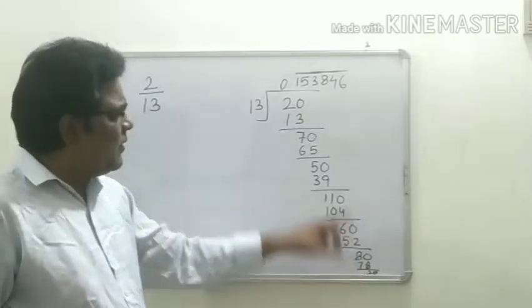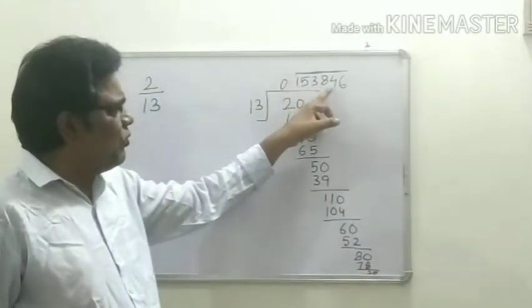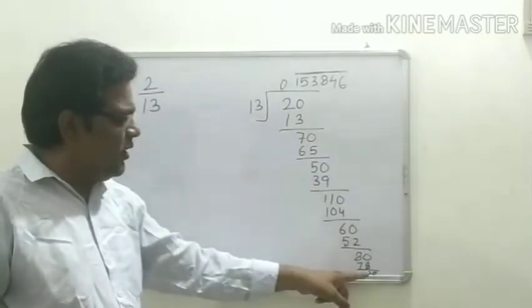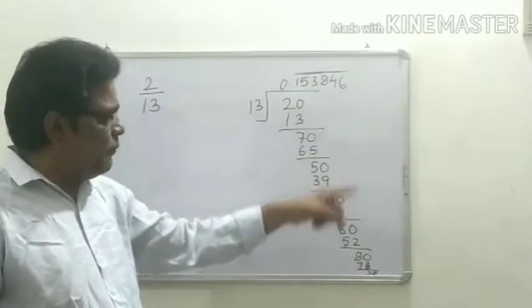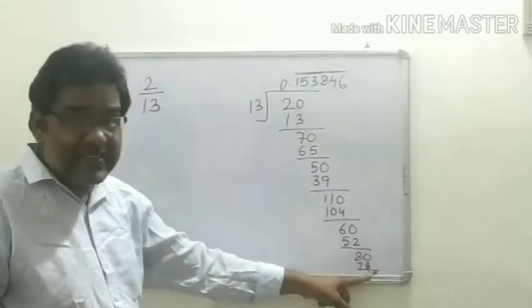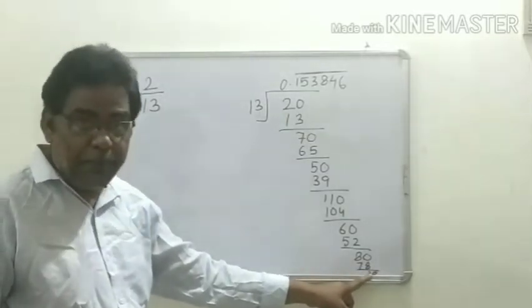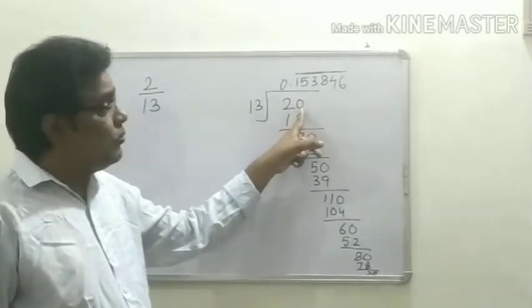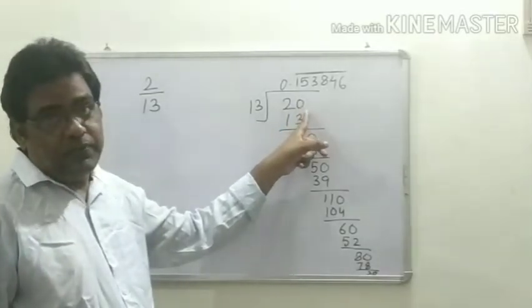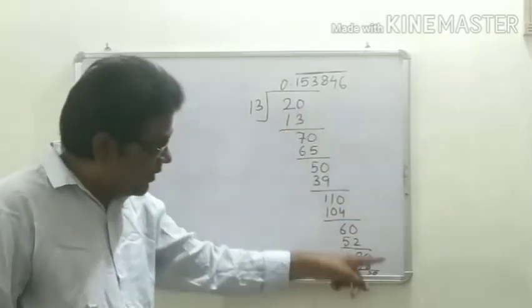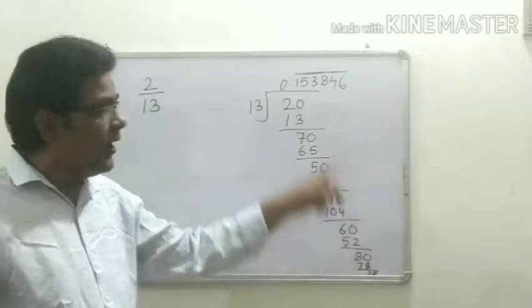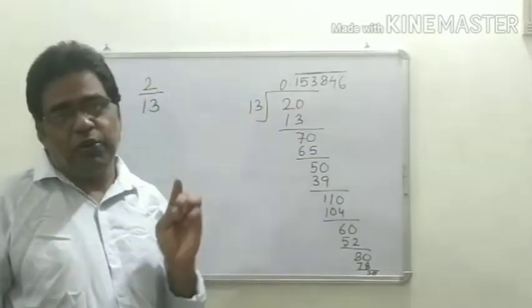After 6 places of decimal, the digits will again repeat, because again you are getting the same remainder, the one which you started with. You started with 20, here again 20 came. So again all this will be repeated and you get the same set of numbers.